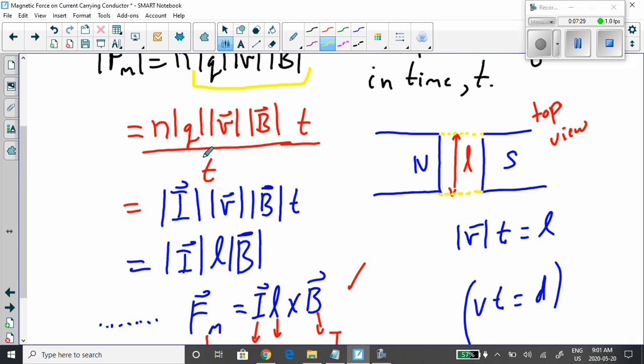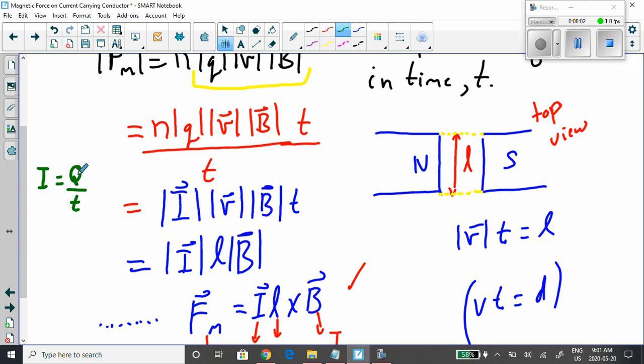The other thing you're going to realize, all the way back to grade 11, is that current is equal to how much charge passes through a wire in a certain amount of time. Q over t. Well, look, N times each individual charge gives us the same numerator here.